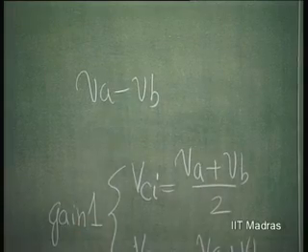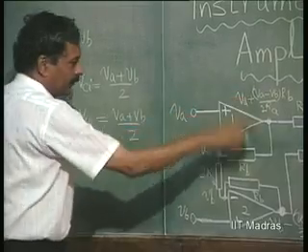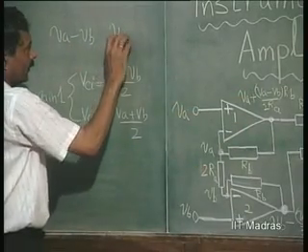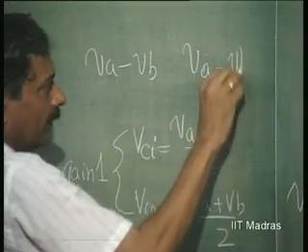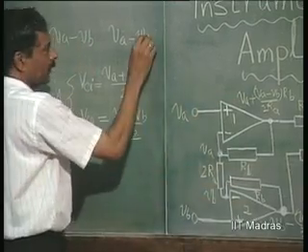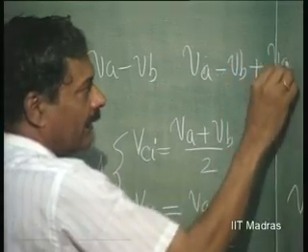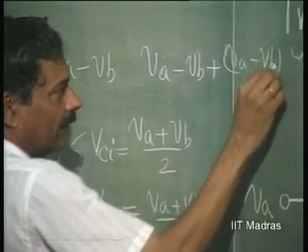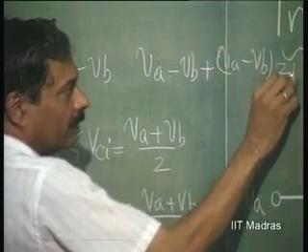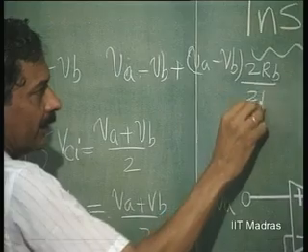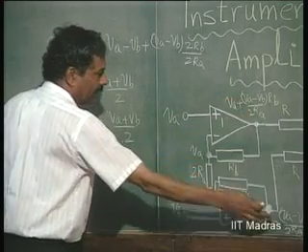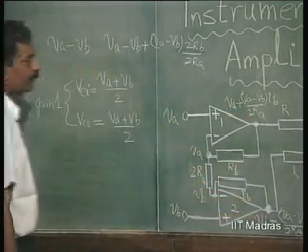the input, and here it is VA minus VB plus VA minus VB into 2 RB by 2 RA. These two will get added when you subtract.